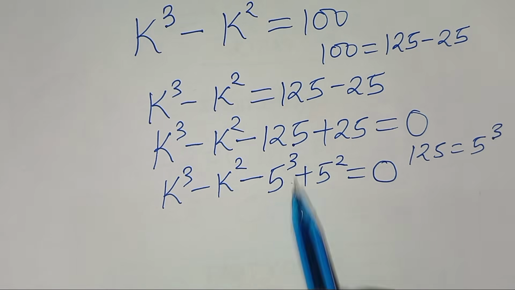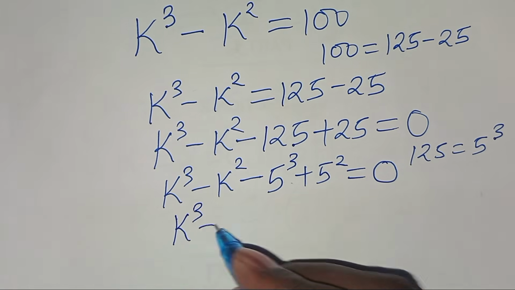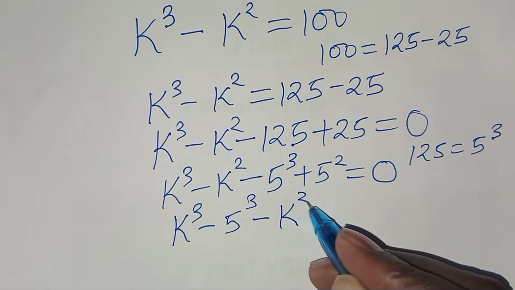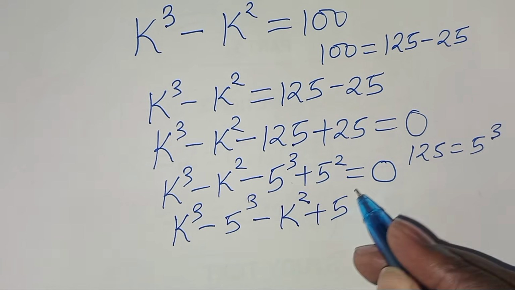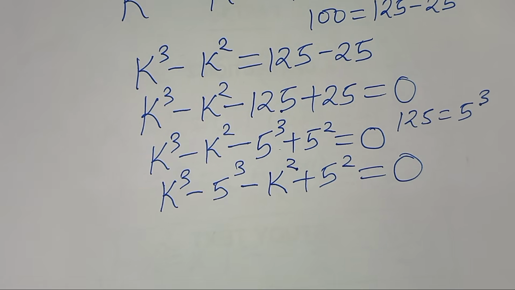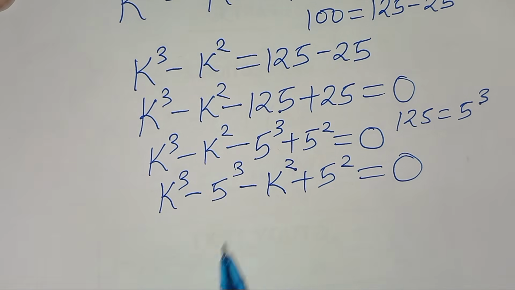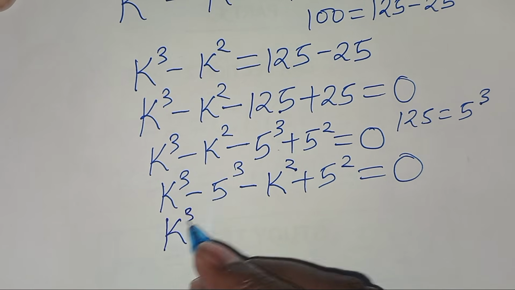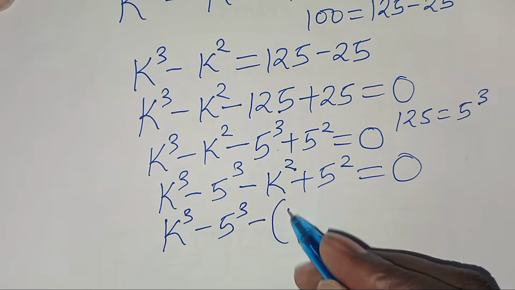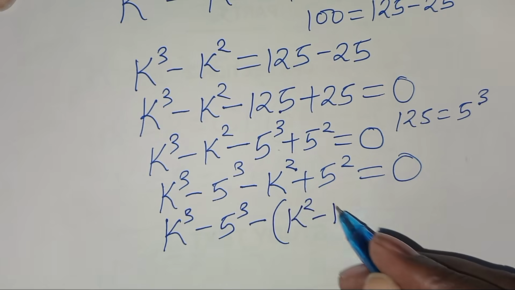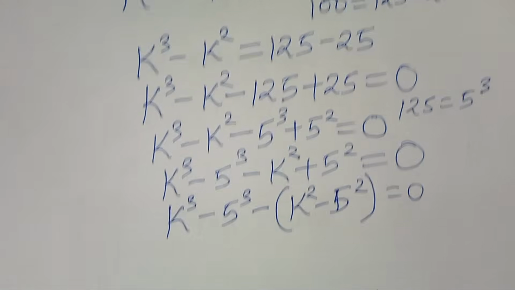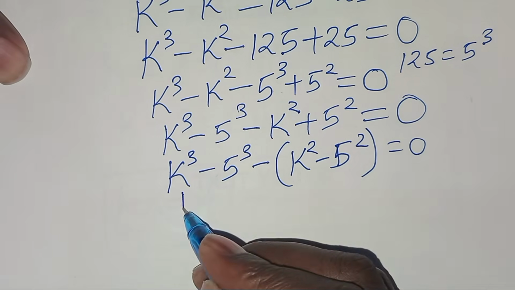Now we can rearrange this equation as k to power 3 subtract 5 to power 3, subtract k to power 2 plus 5 to power 2, this is equal to 0. Now, as you can see, we have two parts.